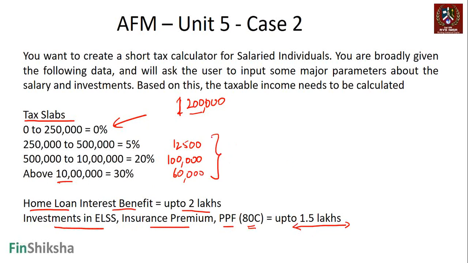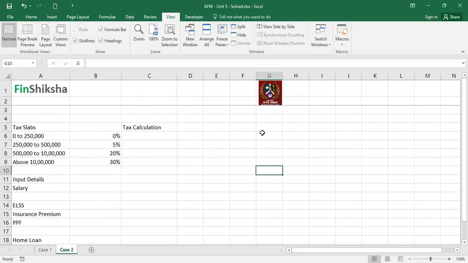So if someone has done these two as well, then that will get reduced from the taxable income. Now that's what we basically want to construct as a simple tax calculator that gives us this data. So we'll go to our Excel file, and those are the details that we find here.